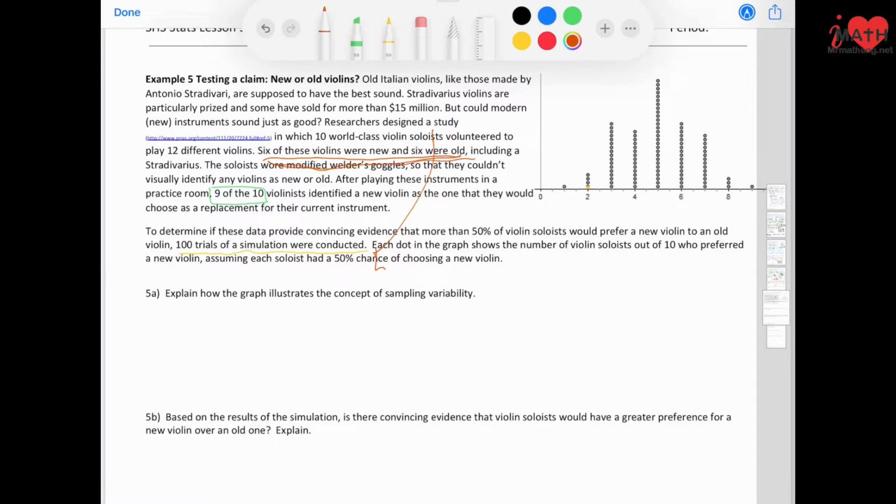Okay, explain how the graph illustrates the concept of sampling variability. All right. So remember, variability means the spread.